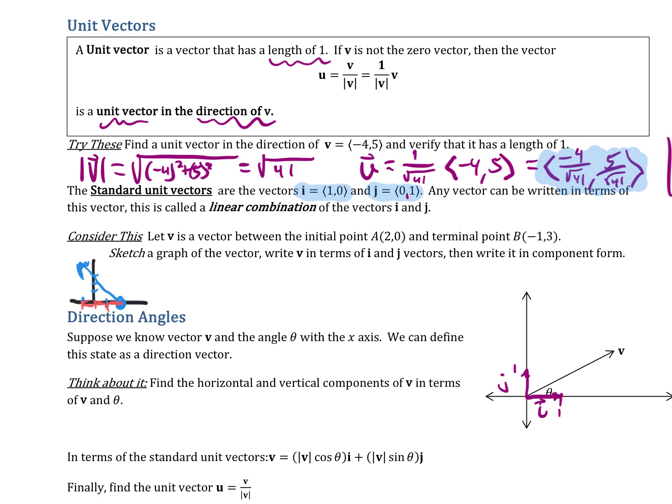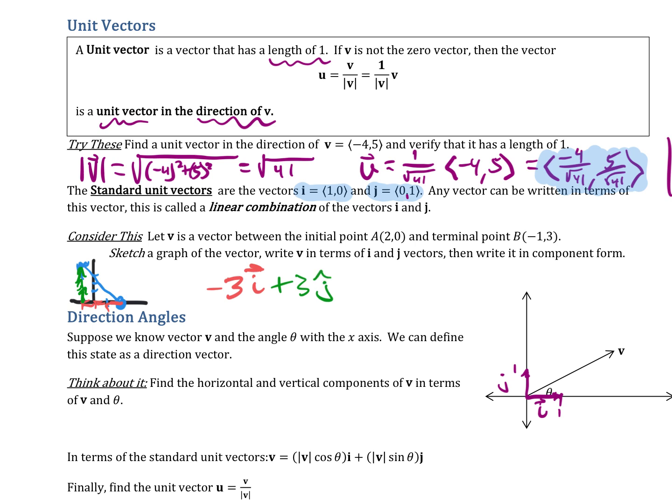So that's like 3 i vectors, and they're actually opposite, so they're going negative. Okay, so we have negative 3 times 1, 0. And then we have our j vectors, which are going up 1, 2, 3. So we're going to add 3 j vectors, because a j vector is just 1 unit long.